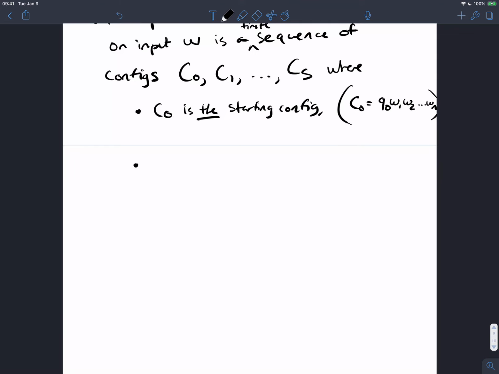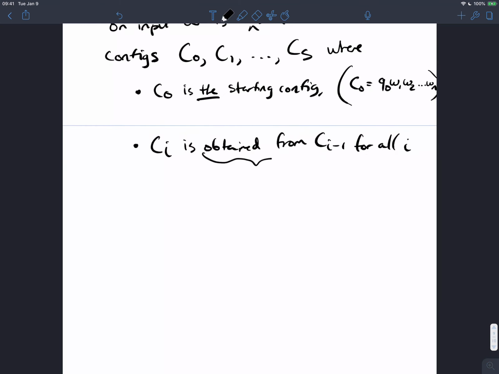So if I look at CI, which is derived from CI minus 1, the previous configuration, is there only one possibility of CI to occur? Yeah, there's only one, because the machine's deterministic. So let's say CI is obtained from CI minus 1 for all I. And this obtained from phrase means, we're going to paraphrase this as yields.